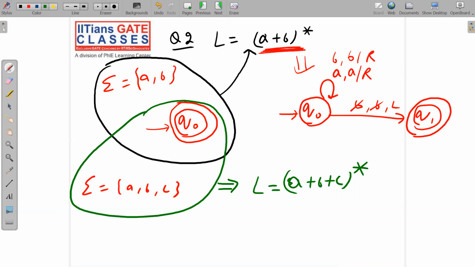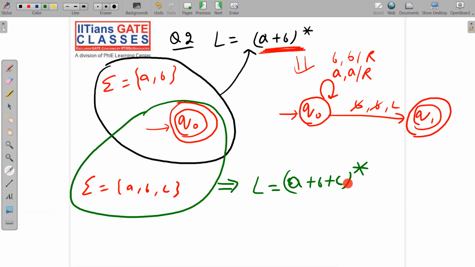So if we have a question on Turing machine asking what language is accepted by this Turing machine, then we will say no comments, please tell me something about sigma. If sigma is a, b, you will say this Turing machine will accept (a+b)*. If sigma given is a, b, c, you will say the same Turing machine will accept (a+b+c)*, and so on.